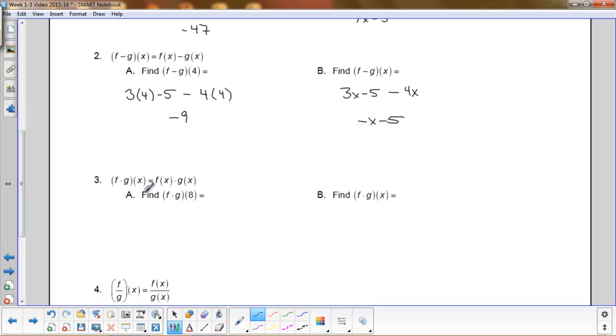Multiplication, I'm going to use parentheses rather than an x or a dot, just kind of helps separate it a little bit easier. So using the specific example of 8, remember we're substituting 8 for every value of x in each one of the equations.